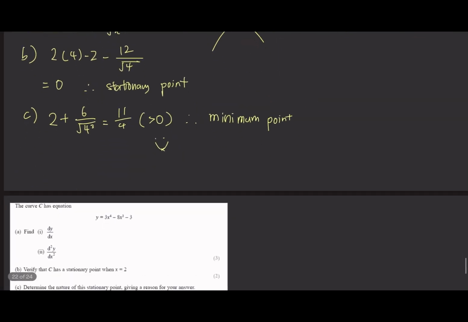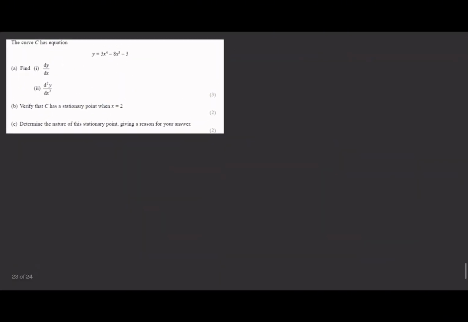Okay, moving on to another question. The curve C has the equation y equals 3x to the power of 4 minus 8x to the power of 3 minus 3. First, we find dy/dx. Pretty simple, just use the power rule.